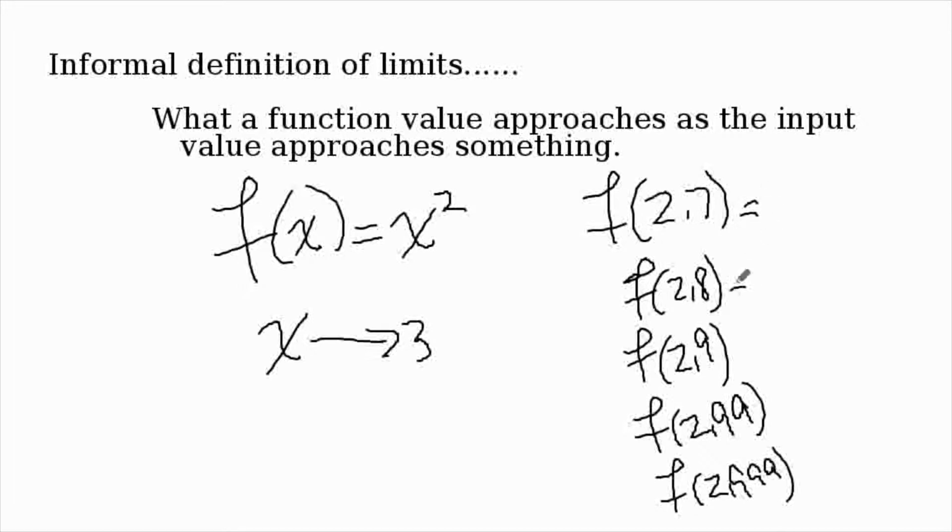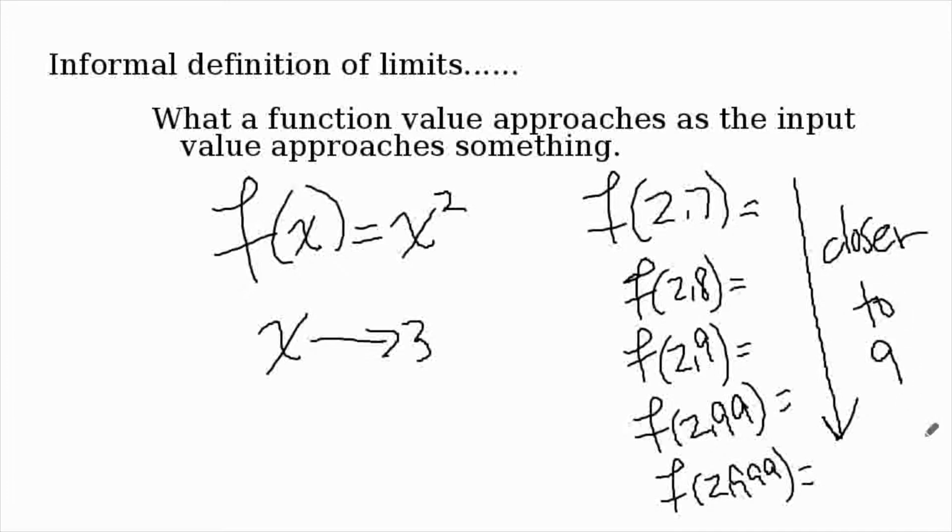And I encourage you to go ahead and write these numbers down. You find them with a calculator, and you will see that the numbers get closer and closer to, excuse me, closer and closer to 9. So as you move down the list, it gets closer to 9. So f of 2.999 is probably 8.99 something.